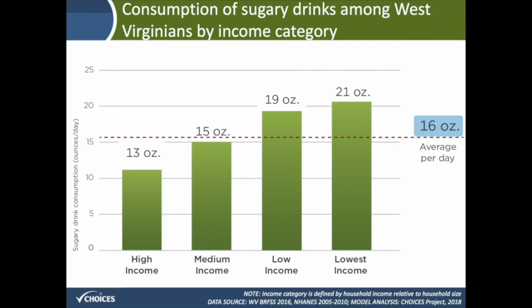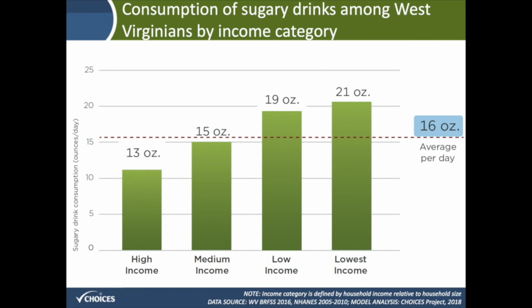And we see here that at baseline consumption, there's a large gradient where higher income individuals drink less sugar sweetened beverages on average, and this consumption increases as you go down the income gradient. And so because there is this baseline difference in exposure, we find that if you were to implement a tax, you would have disproportionate benefits for lower income individuals.